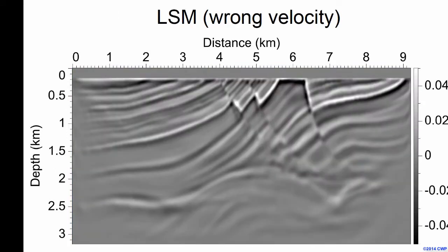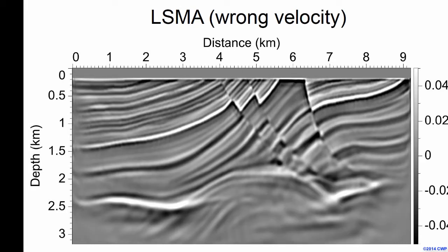So here's least squares migration for the wrong velocity model. And now if I compare this to the amplitude-only image, we can see an improvement in illumination, and also an improvement in focusing and continuity of reflectors.